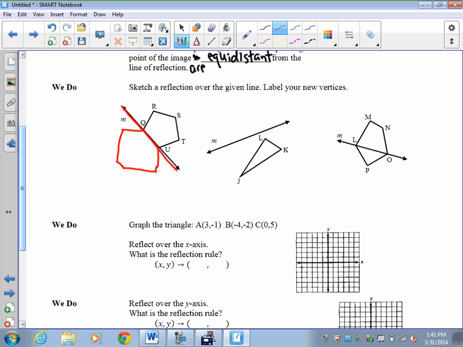Should be just like that. And this is going to be T prime. U and U prime are going to be the same point. This meets here at a point S prime. And that's going to be R prime right here. So basically, if line M was a mirror, that would be what the image would be on the other side.